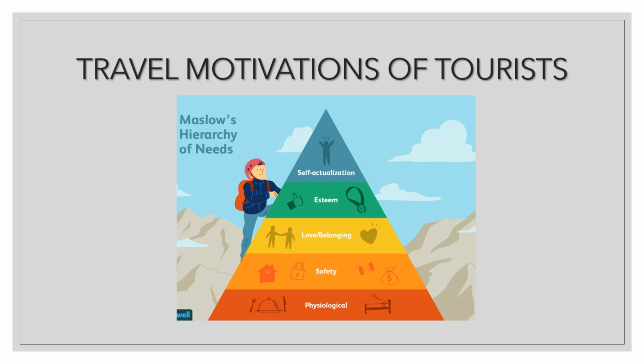So there are those people who have wish lists or bucket lists. So they travel because they want to actualize those wish lists that they have. So for us to meet their needs and wants, of course, we need to be familiarized with Maslow's hierarchy of needs for us to relate to the demands of our clients.